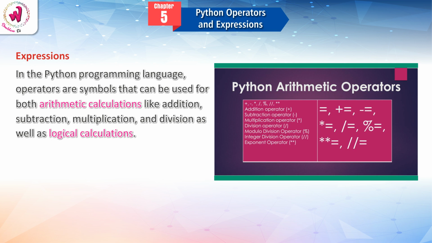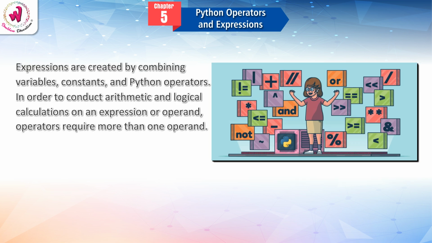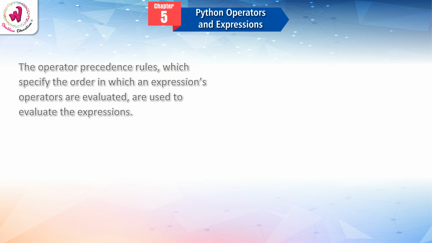In Python, operators are symbols that can be used for arithmetic calculations like addition, subtraction, multiplication, and division, as well as logical calculations. Expressions are created by combining variables, constants, and Python operators in order to conduct arithmetic and logical calculations on an expression or operand. Operators require one or more operands.